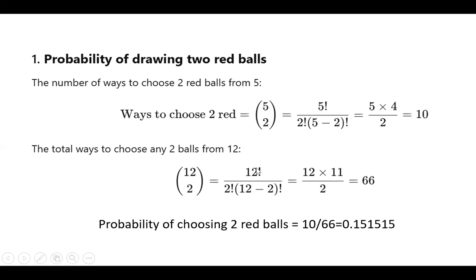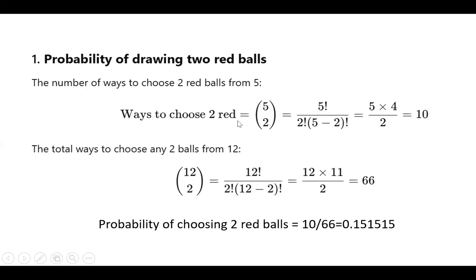Otherwise, we're dividing 12 by 2 and then multiplying with the rest. So the whole thing has to be calculated first. 12 minus 2 is 10 factorial. 10 factorial is nothing but 1, 2, 3, 4 up to 10 multiplication, and 12 factorial is 1, 2, 3, 4 up to 12. So the 10 factorial cancels up to 10 and only 12 and 11 will be left, and 2 will be there. So 66 you can calculate using Excel.